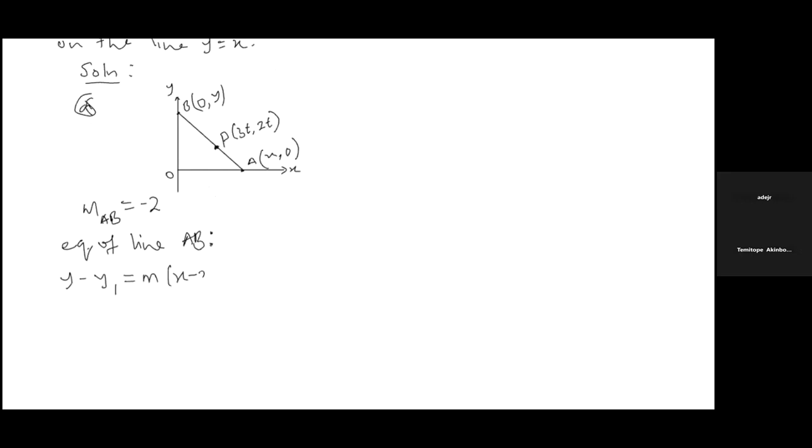So the m in this context is the m of AB given, and x1, y1 are the coordinates of point P. So y minus y1 in that context will be 2t equals m of AB, which is -2, into x minus x1. x1 is 3t.